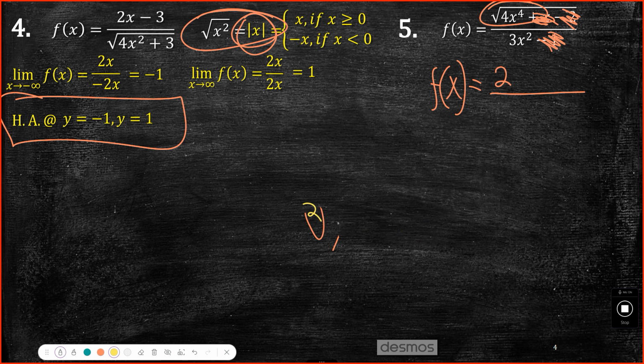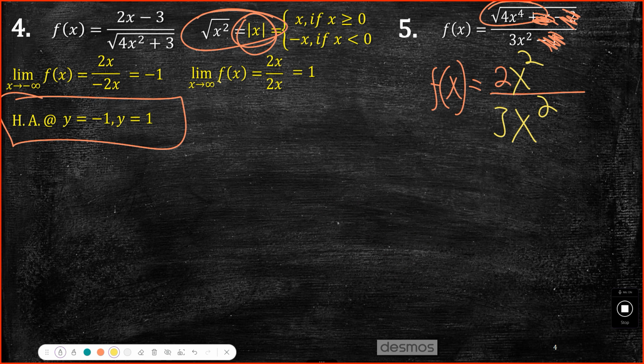Then the square root of x to the fourth is just x squared over 3x squared. So I'm not treating it like this. What can we do there? Cancel out the x squared.